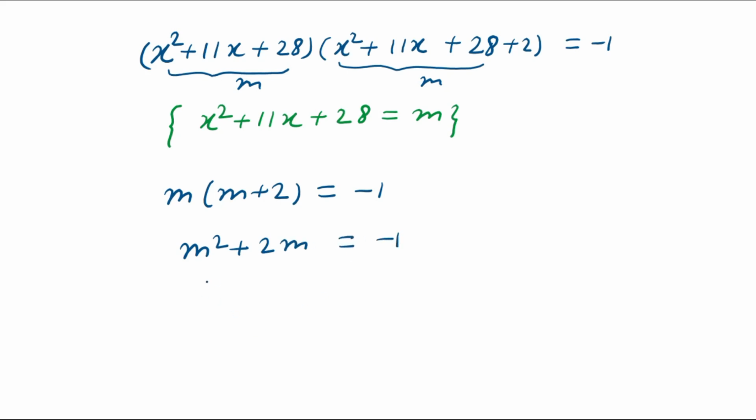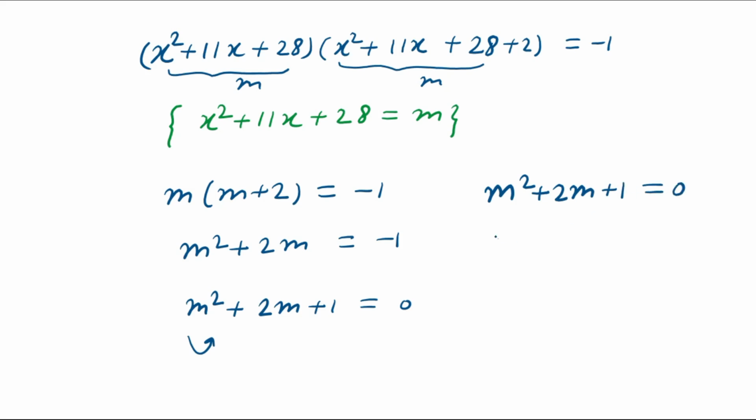Now if we take all the expressions on the same side, then m square plus 2m plus 1 is equal to 0. On the left hand side, this is a quadratic equation, and this quadratic equation is factorizable. So first of all we will factor this quadratic equation. m square plus 2m plus 1 is equal to 0. m square plus m plus m plus 1 is equal to 0.